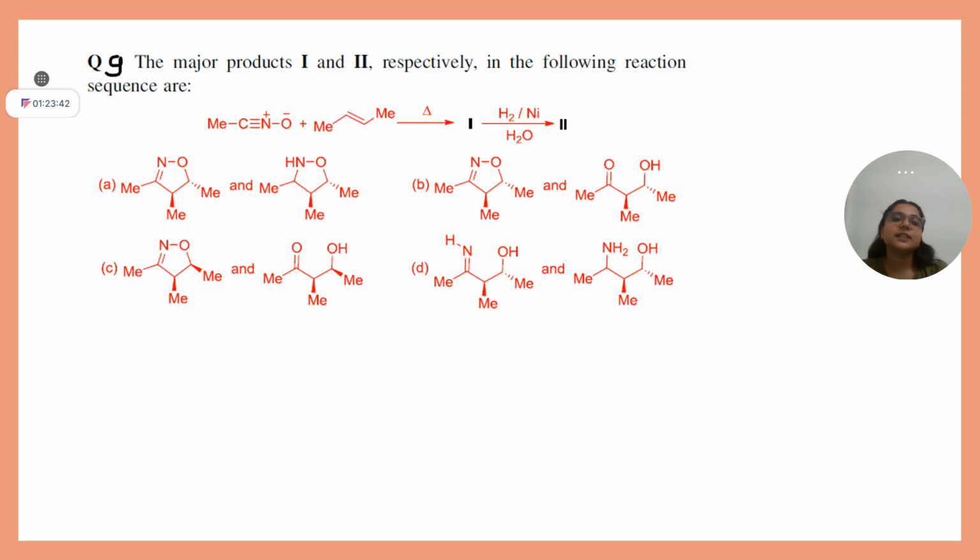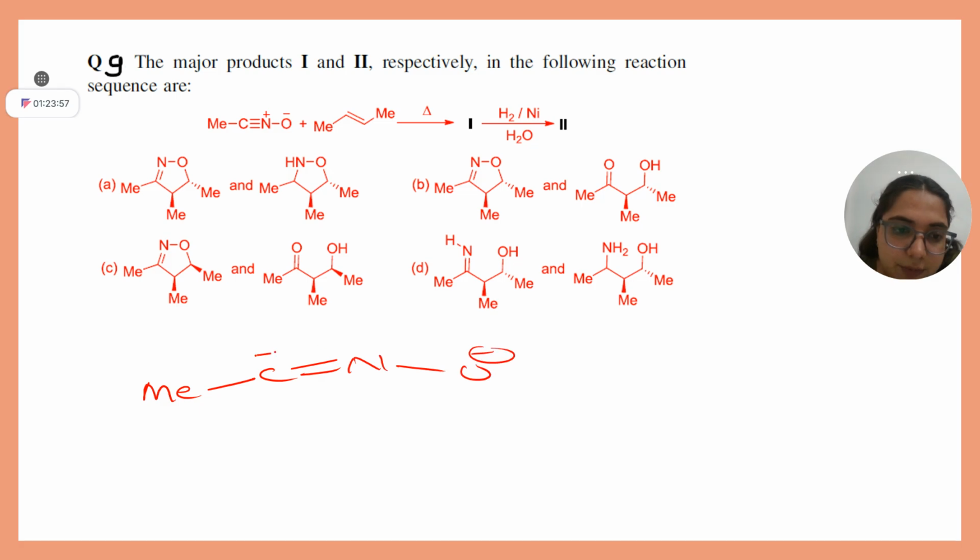Okay, this is another example of your dipolar cycloaddition. You solve. I'm also solving along with you. Can I write it like this? O negative and C positive. Yes or no? You just have to assign correct charges to those dipoles, right?